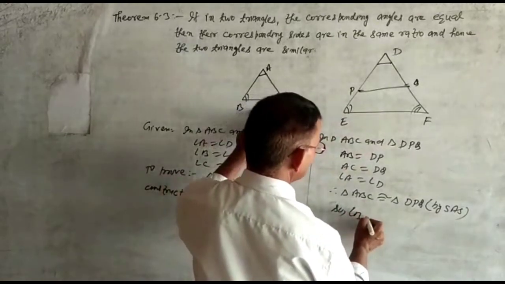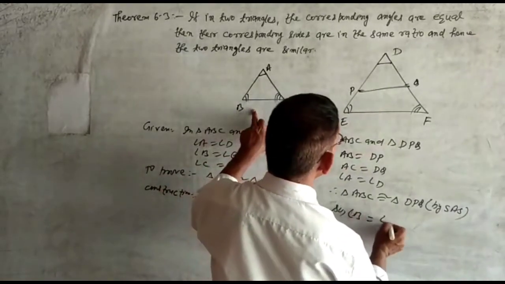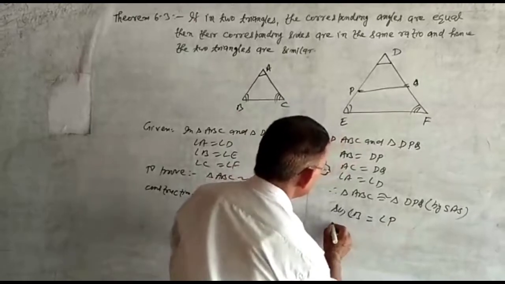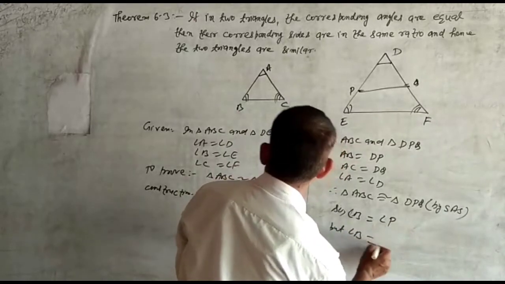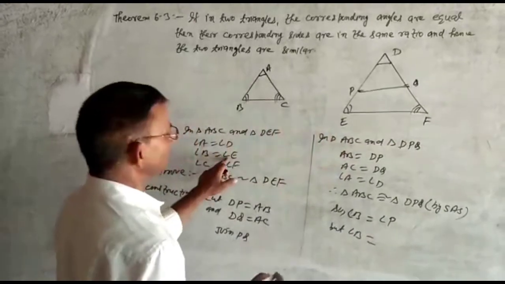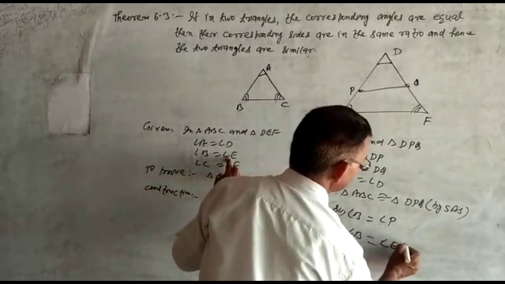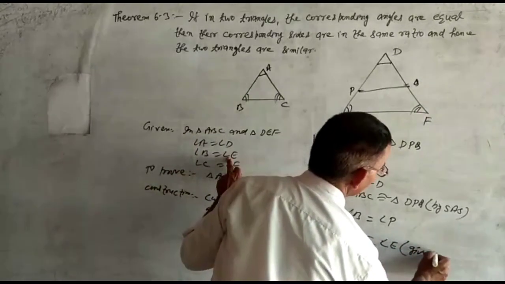So angle B equals angle P, but angle B is equal to angle E, given.